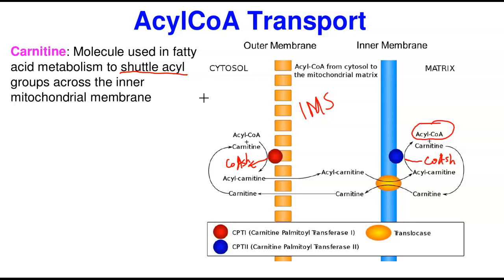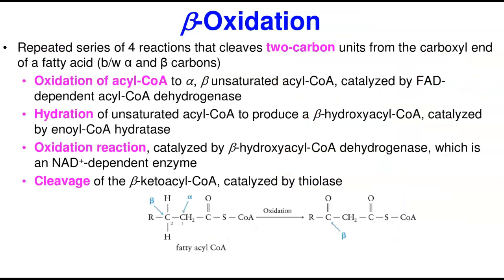And then inside the mitochondrial matrix, the beta oxidation begins to take place. The beta oxidation takes place here in the matrix. So let's look at the reactions of the beta oxidation.